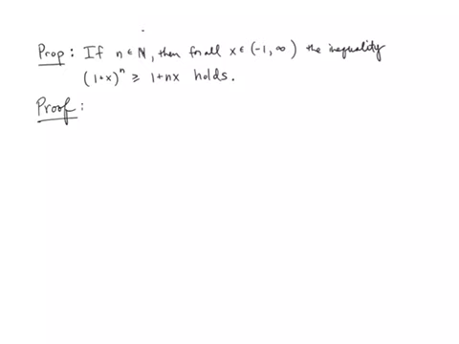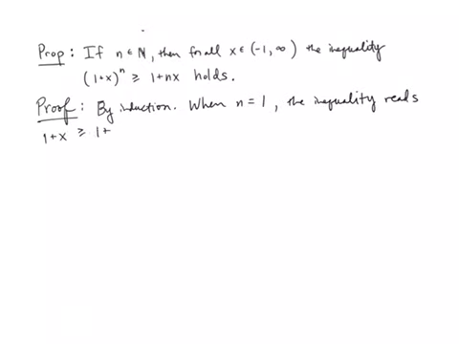So by induction, when n equals 1, the inequality reads 1 plus x is bigger than or equal to 1 plus x for all x in -1 to infinity, which is clearly true.